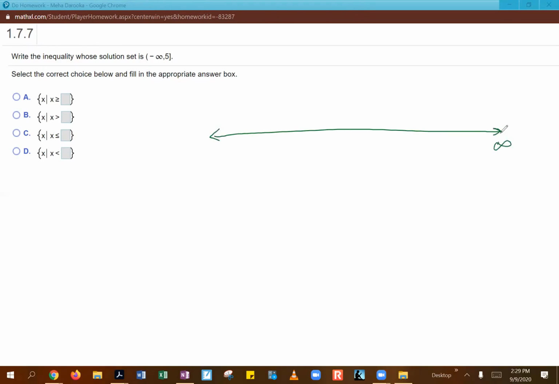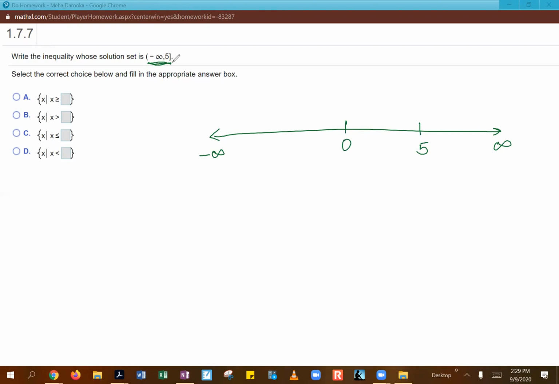This is positive infinity to the right, negative infinity to the left, 0 somewhere in the middle. So this one here is telling us our interval notation is going from negative infinity to 5. So 5 would be over here.